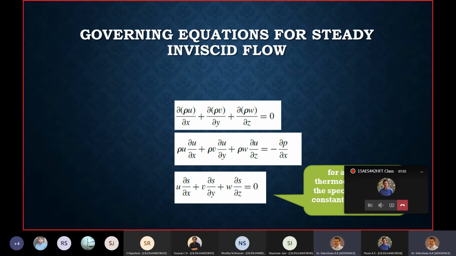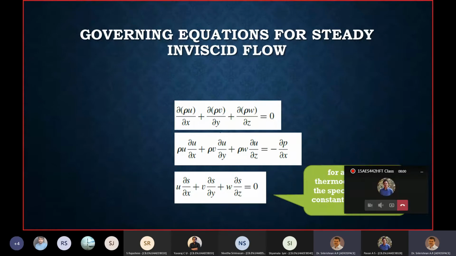The first one, partial d by dx of rho u plus partial d by dy of rho v plus partial d by dz of rho w is equal to 0, which is basically the statement of conservation of mass, and we call it the continuity equation. And what we get as rho I equals constant, etc., are based on this expression.